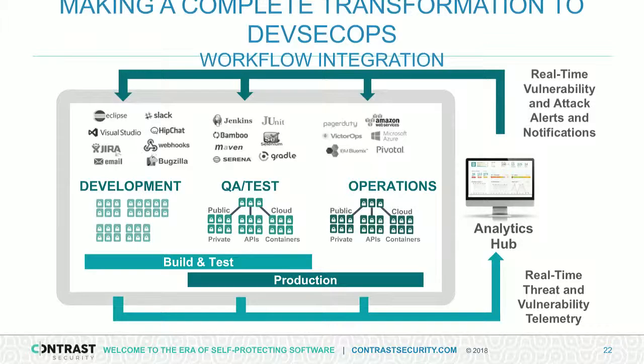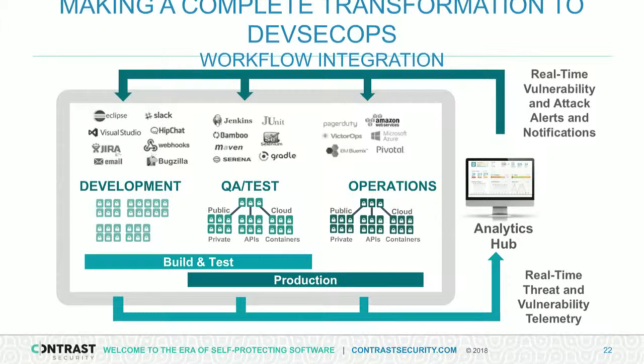If you look at developers, they're looking for a security tool that provides them with vulnerability information in real time, and makes sure that the data, information and notifications can be seamlessly integrated in real time. And so you've got tools that can be used by development, QA, test, and operations.